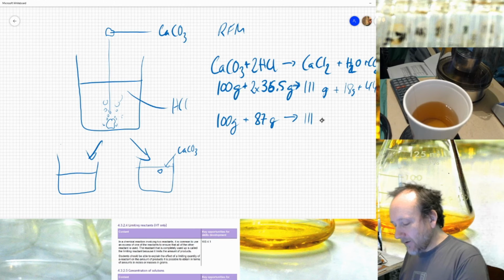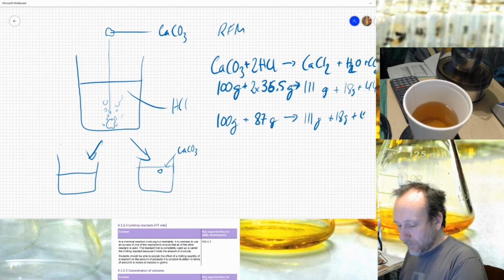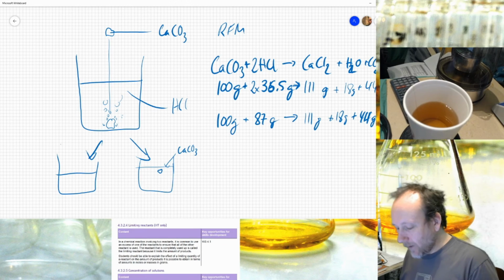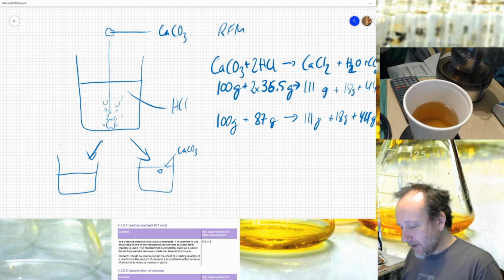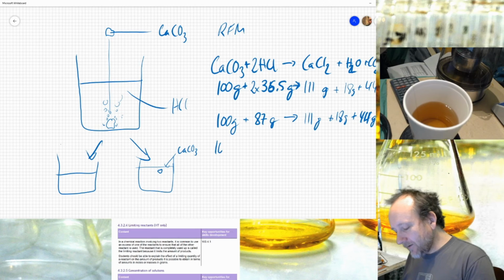I'm still going to get 111 grams, 18 grams of water and 44 grams of carbon dioxide. Why? Because all of the calcium carbonate is going to react, but some of the acid will be left over. So let's say instead of 87, I've got 8.7 grams.